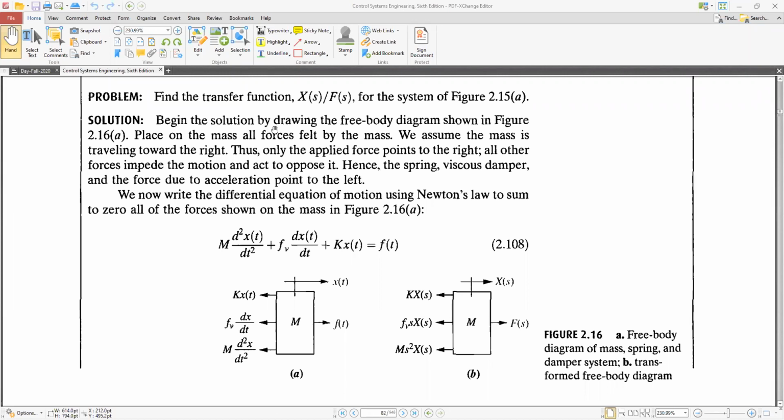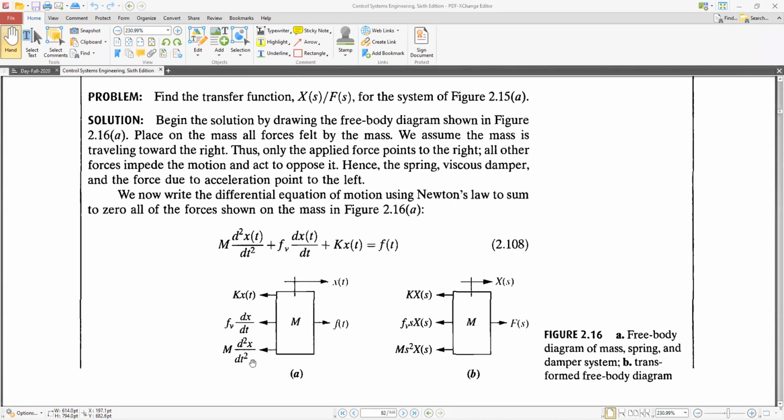Begin the solution by drawing the free body diagram shown in the figure. Place on the mass all forces felt by the mass. We assume the mass is traveling toward the right, so only the applied force points to the right. All other forces impede the motion and act to oppose it.